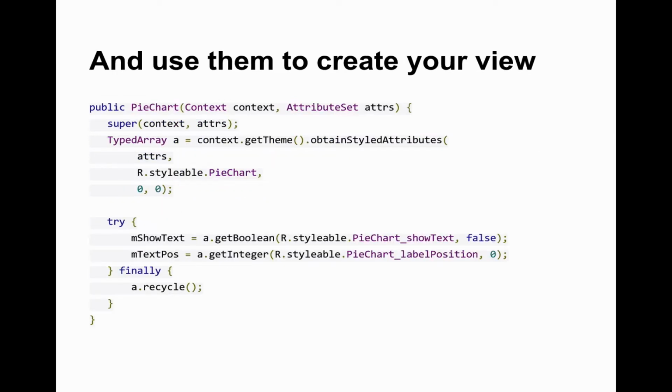Now, when you create your view, how do you use these attributes that are specified in XML? Again, a marvelous example of overcomplication, in my opinion. So now the constructor, you can change it to this. Before, the constructor wasn't doing anything. It was constructed in the class, but it wasn't looking at any arguments. If you do want to look at the arguments, you have to do it this way.